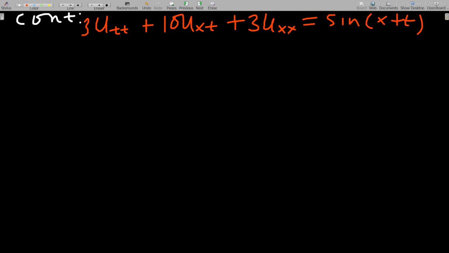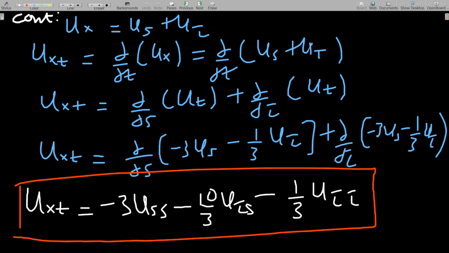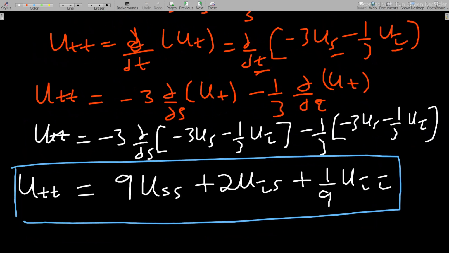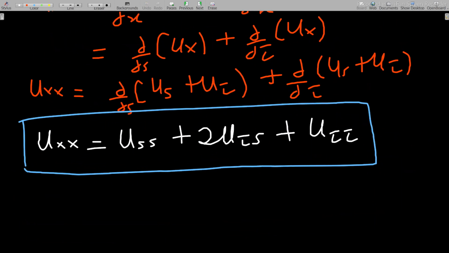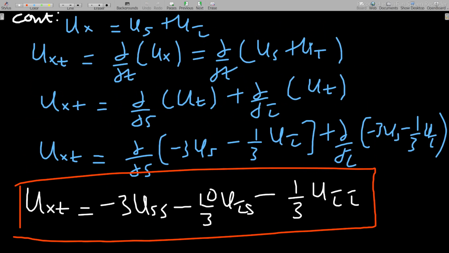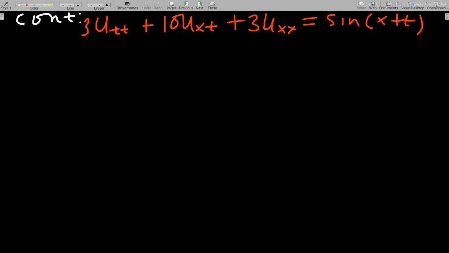So we have 3 times that. U_TT was given us what? You go ahead and find U_TT, which is this. So you put 3, then you know U_XX is also this. Go ahead and find our U_XT, which is also this. So we just put everything there like that.